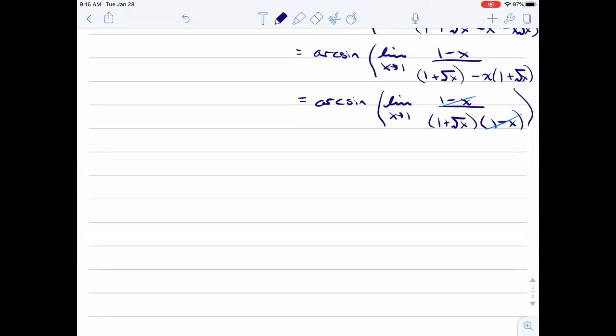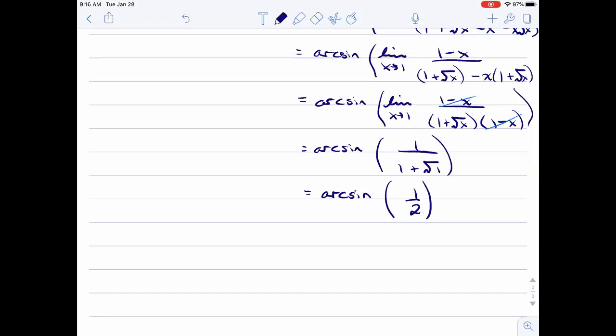Now I'm able to plug in x equals 1, and so I take the arc sine of 1 over 1 plus root 1, which is the arc sine of 1 over 2. Okay.